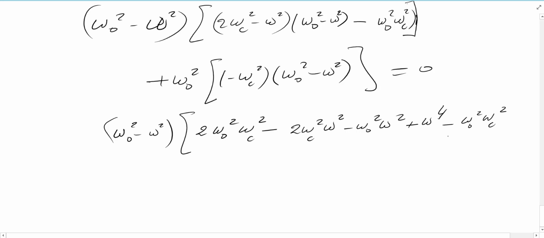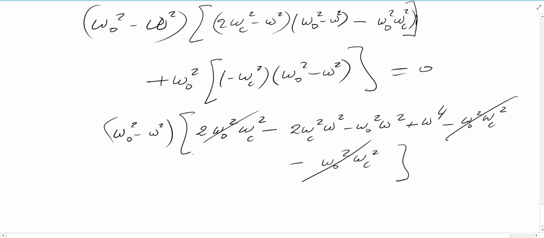That's important, that we really need to get rid of it. Minus times plus, that's minus, and this term is already out, so it's going to be minus another omega naught squared omega c squared.